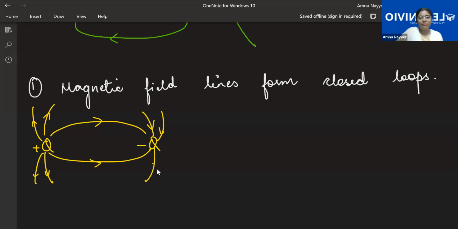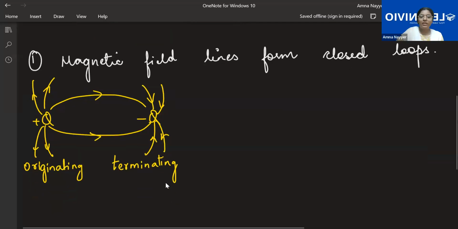Remember, we have drawn such things in electrostatics. Here it originates and there it terminates, which means there are no closed loops.